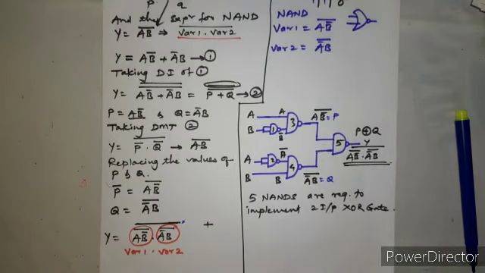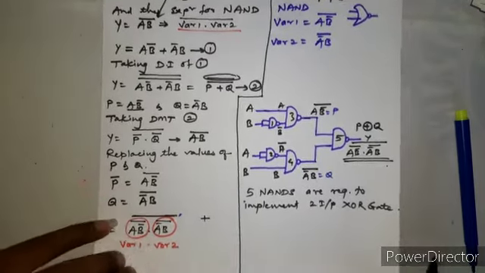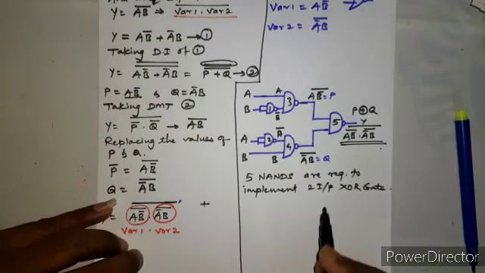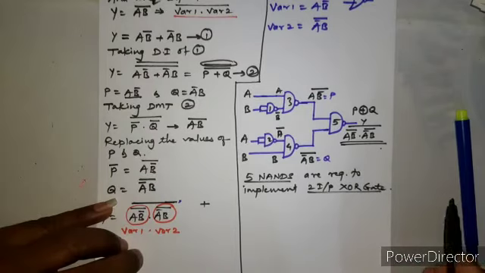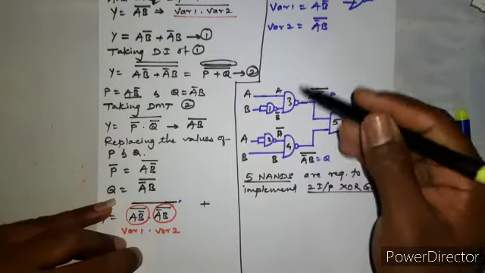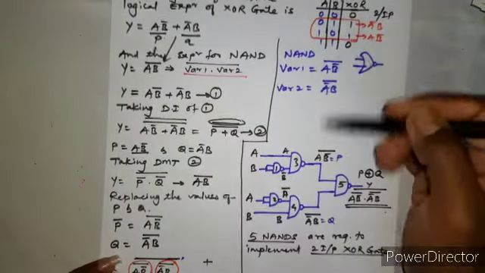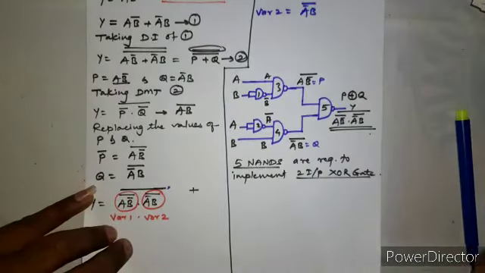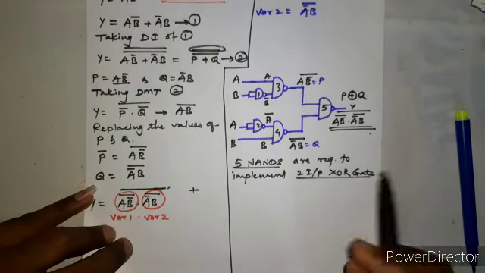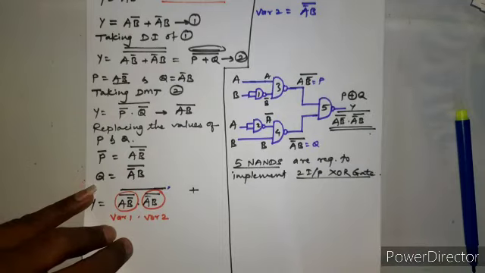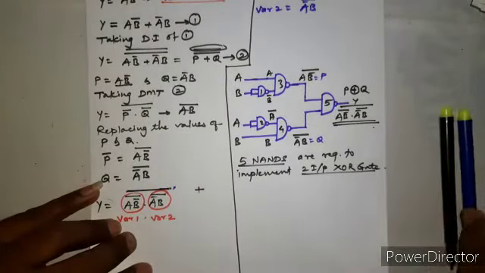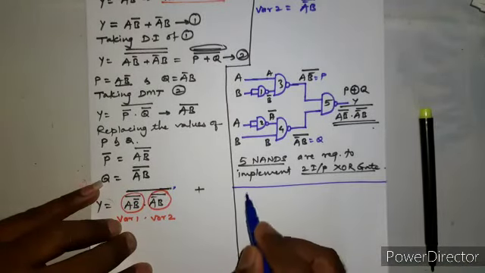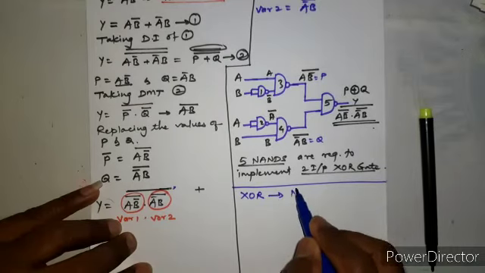Because in one of the competitive exams this question was asked: how many NAND gates are required to implement 2 input XOR gate? Okay, so you cannot have a direct answer. You need to first have this equation solved and come to this diagram. Then only you will be able to answer that question, right? So this is how we have implemented XOR gate using NAND gate.